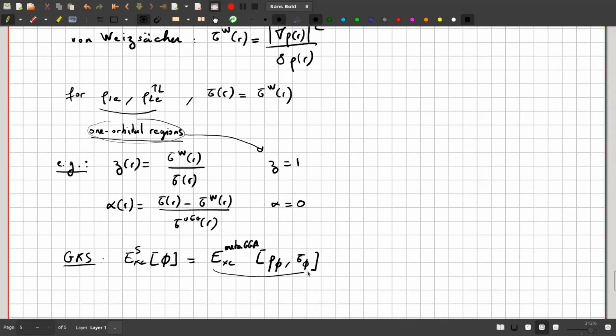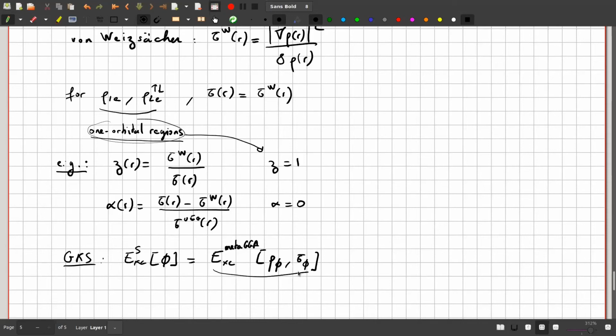So this is a functional of phi, and this is put in the generalized Kohn-Sham scheme. You minimize this expression with respect to this determinant. It will give rise to a non-multiplicative potential, but that's not really an issue in practice.